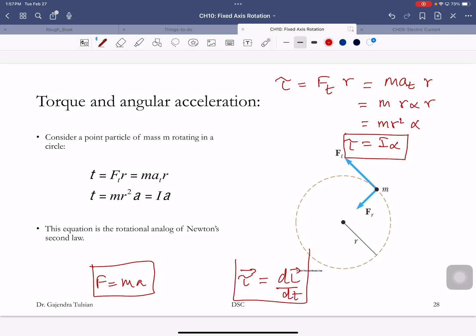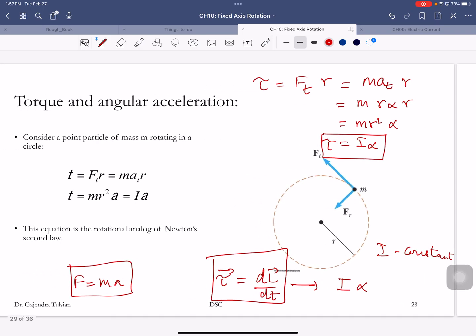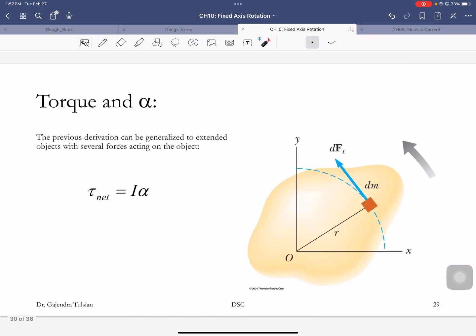This is the real form, and this will reduce to I alpha when I is constant. So the net torque is I times alpha, Newton's second law, which is the parallel of F equals ma.